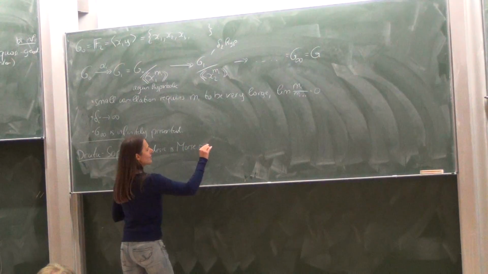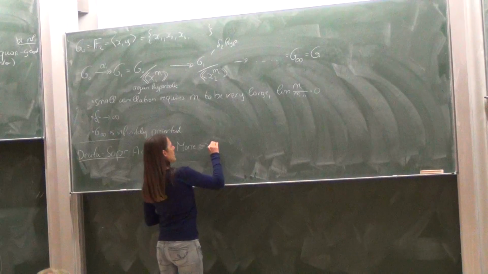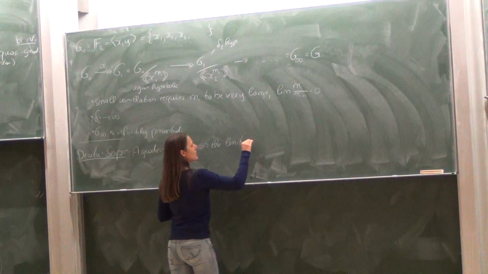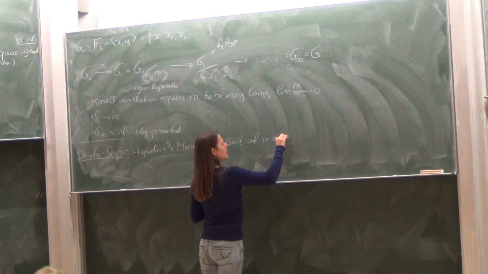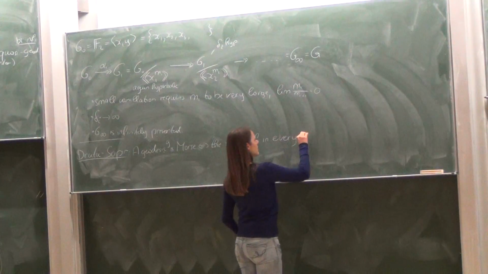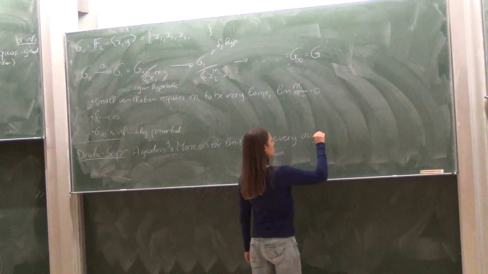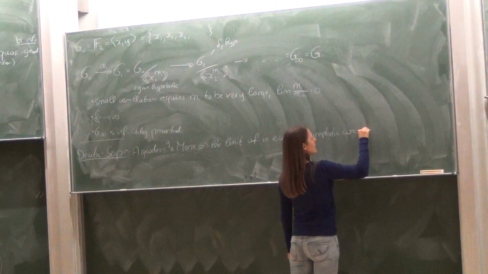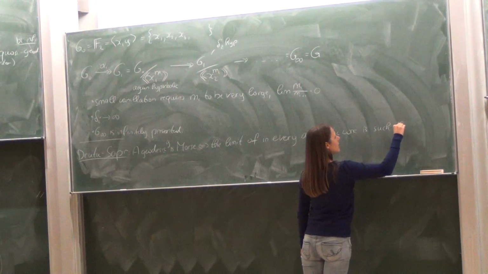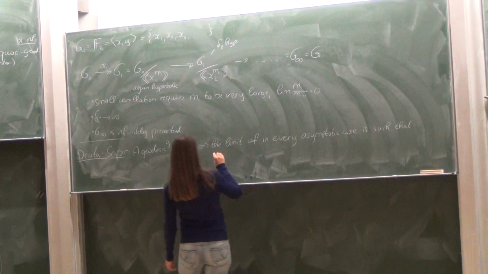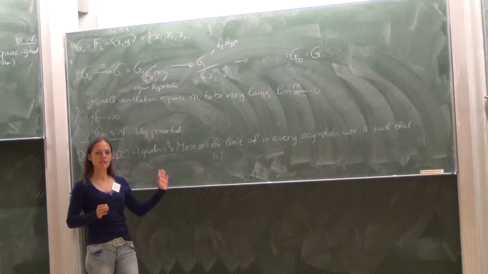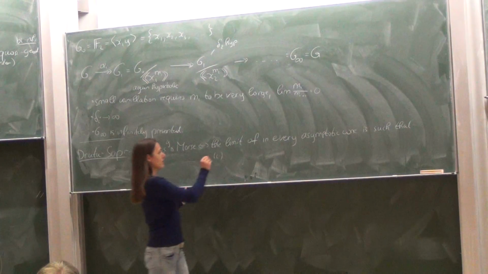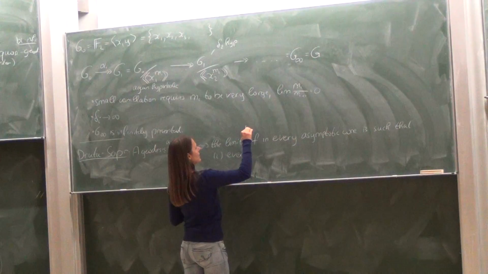We're going to abbreviate it, their original statements are very long. A geodesic is Morse if and only if the limit of G in every asymptotic cone, so not just one, every asymptotic cone, is such that, now we have two conditions. The first one says, in the limit, every point of this limit geodesic in the asymptotic cone has to be a cut point. Let's call the limit LG.